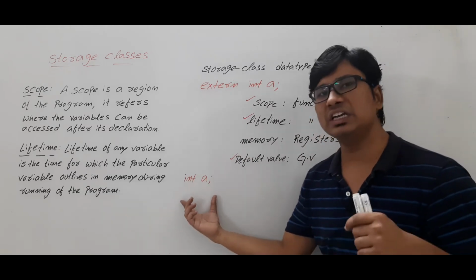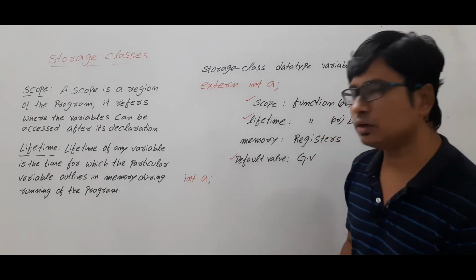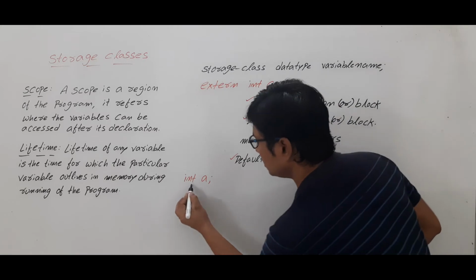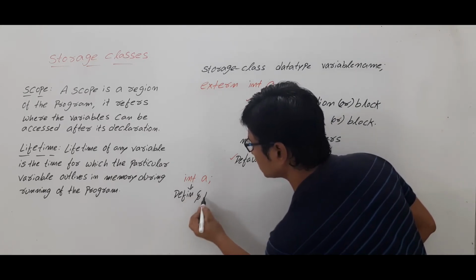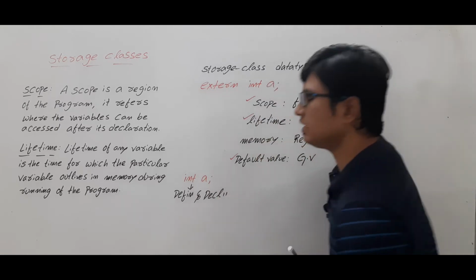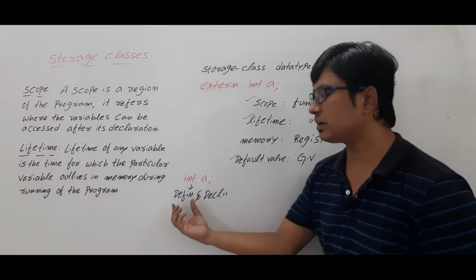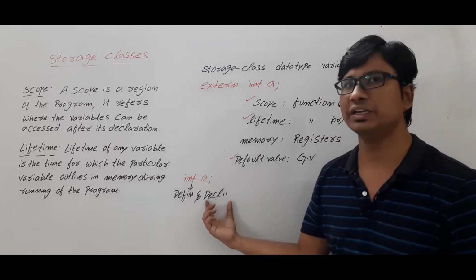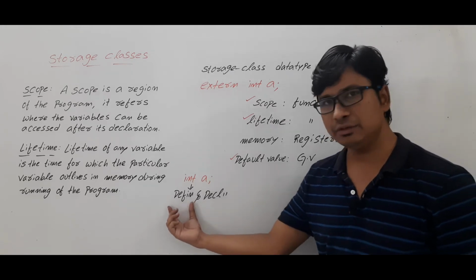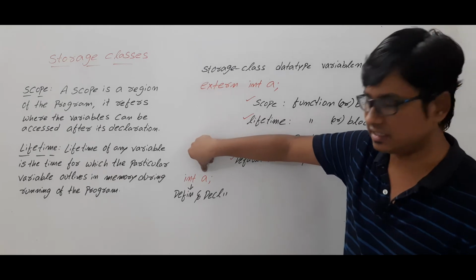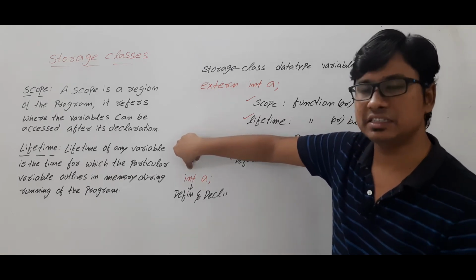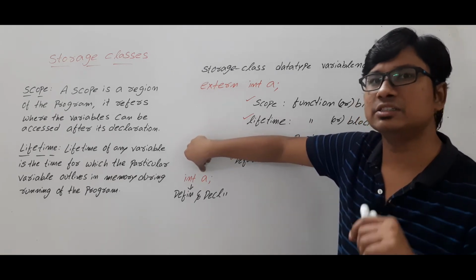But what will it tell the compiler? It will tell two things: one is the definition and the second one is the declaration. Is it clear? You are defining a variable and also declaring a variable. Defining the variable means you are specifying the name of the variable as a and the data type as integer, so this variable can store integer constants.